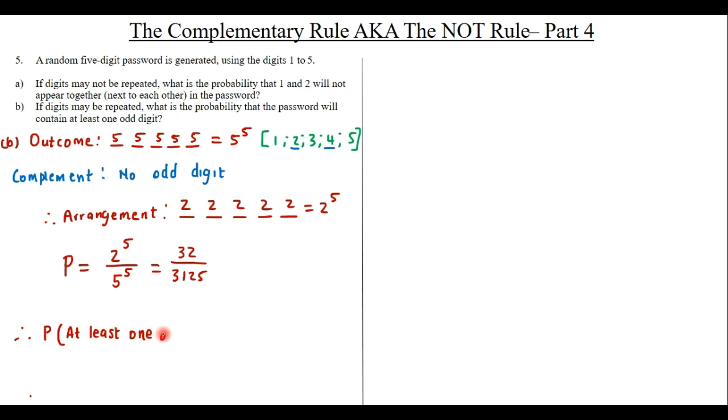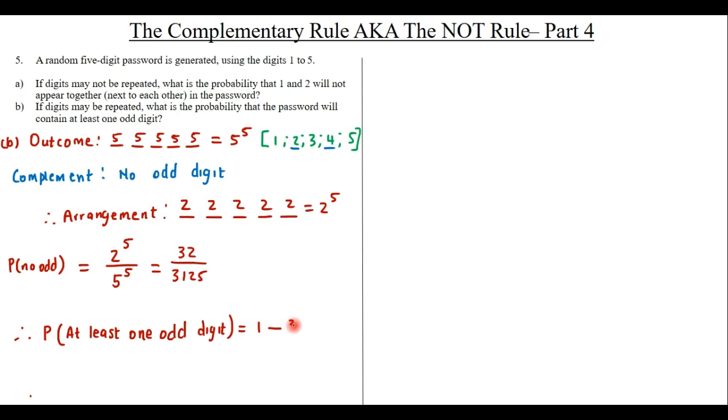Therefore, if we want to get the probability that has at least one odd digit, all we have to do now is say 1 minus the one that we just got here. Remember, this was the probability when there is no odd digit. I'm just going to write no odd because I don't have space.